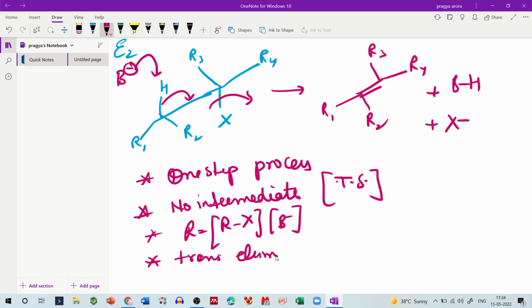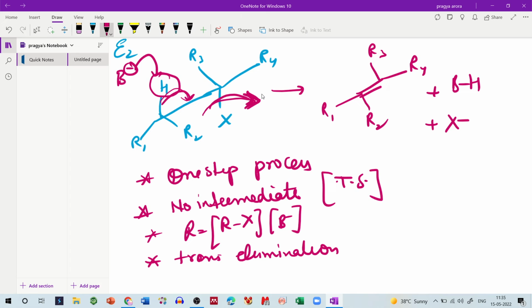By trans elimination, I mean that the hydrogen removed is trans to the halogen of the alkyl halide. The base abstracts that trans proton, and the electron density shifts over there, which releases the halogen present in the trans position.